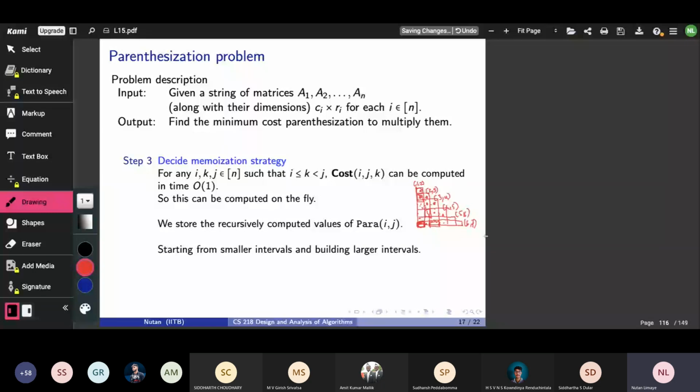And we do that by looking at all these different possibilities of multiplying 1, 2, and then 3 to 7, or multiplying 1, 3, and 4 to 7, etc. Inductively, suppose we have all these values already filled, then we look at all these, and the cost of this we already know from that entry, cost of this we already know, so we add those costs. We add the cost of multiplying the matrix formed by multiplying the first two matrices and the matrix formed by multiplying matrices within the interval 3, 7, and then add that.